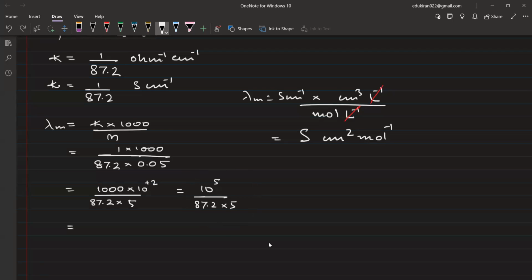This value, how much are you guys getting? You will get this value as 230 Siemens centimeter square mole inverse.